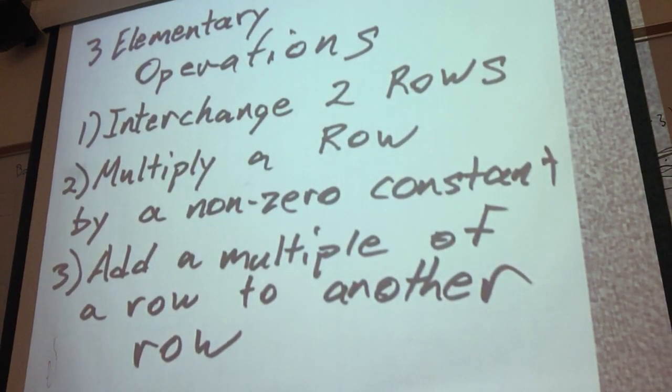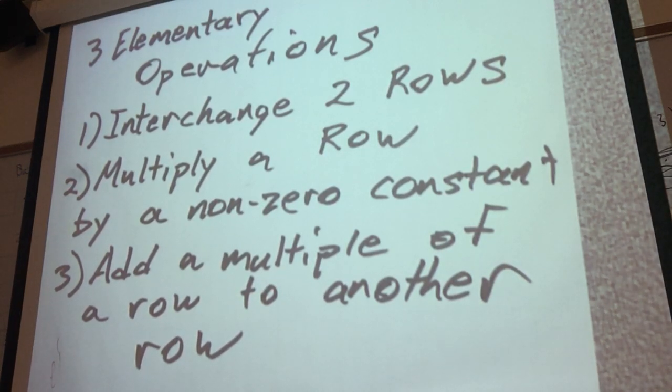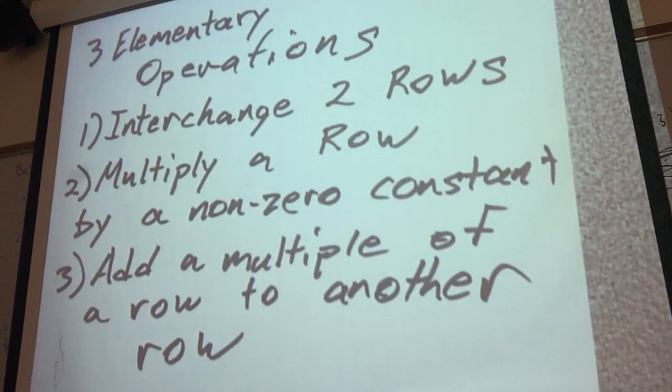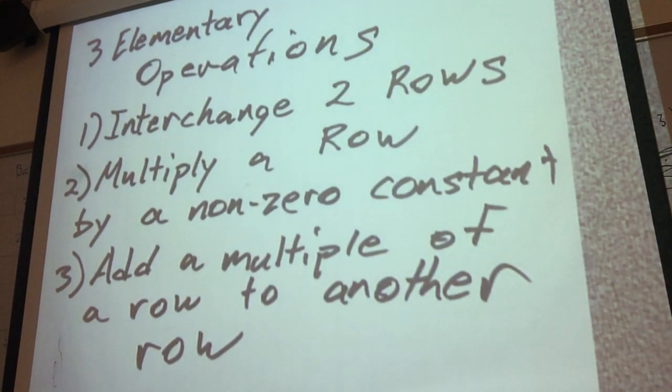So what is an elementary matrix? Okay, so we have our elementary row operations. Okay, these are three things we can do. All right. And then we have the concept of what is an elementary matrix.